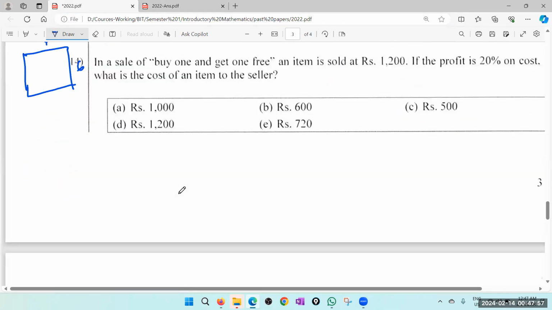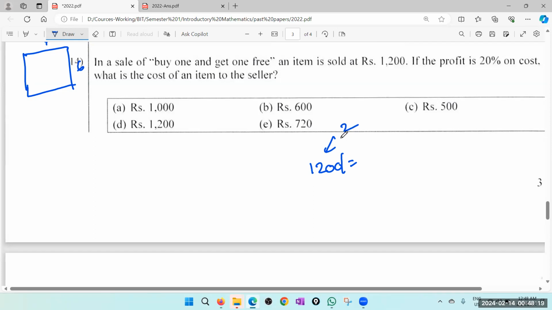14. In a sale of buy one and get one free, an item is sold at 1,200. Okay. That is, buy one get one free means basically this is for two items, because when you buy one, you get one free.